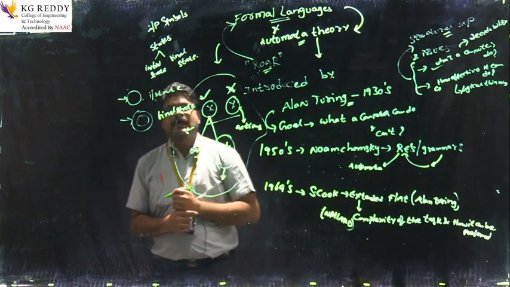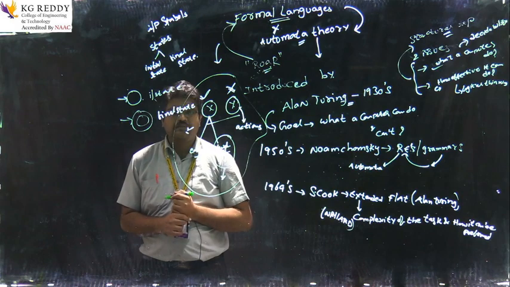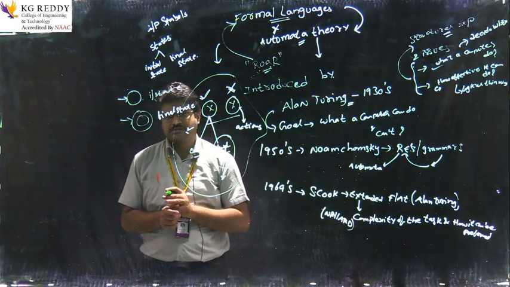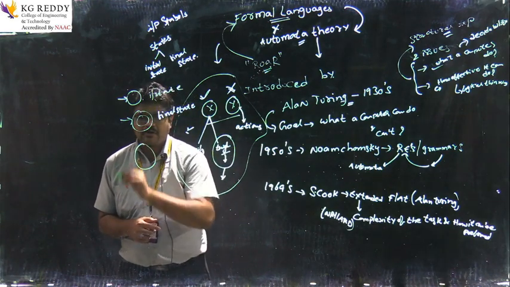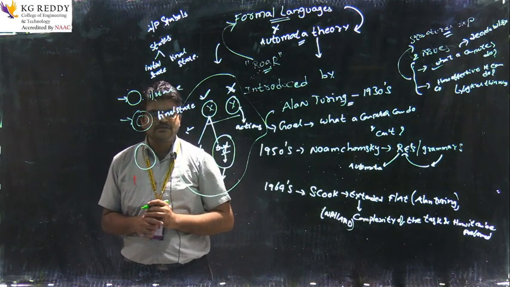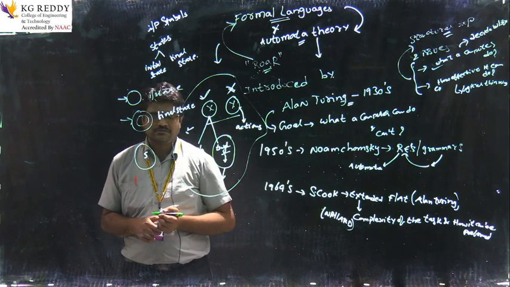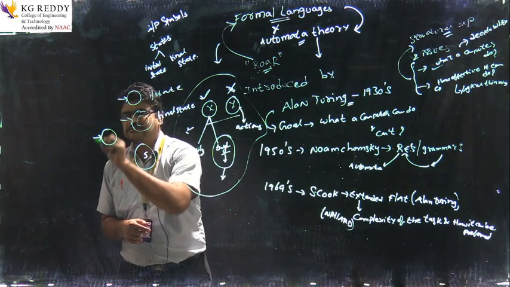It will look the same as in data structures, but it is not the same. Why? Because in data structures this is called a node, and the elements you have considered are represented in between the nodes. But here we have to consider it as a state.